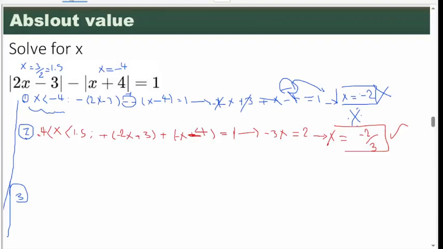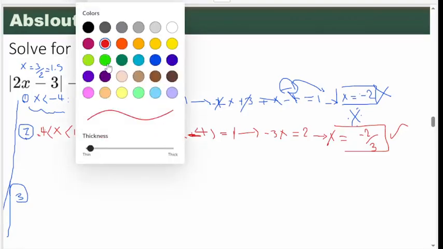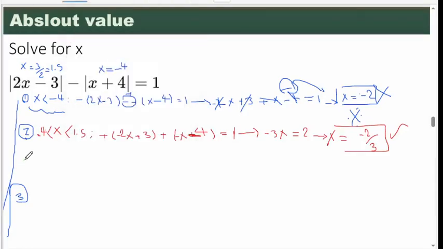For the third part, I say x larger than the largest critical point. So that means 1.5.